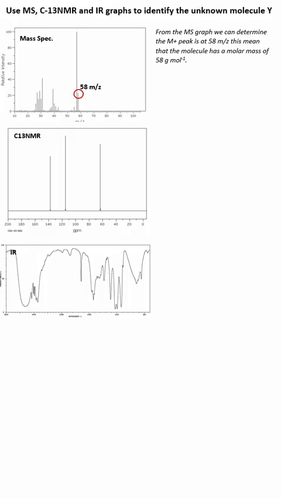Now, often the other peaks can be used to tell us something about the fragments that the molecule might break into, but these ones here are a bit bunched and it isn't clear what the fragments are.